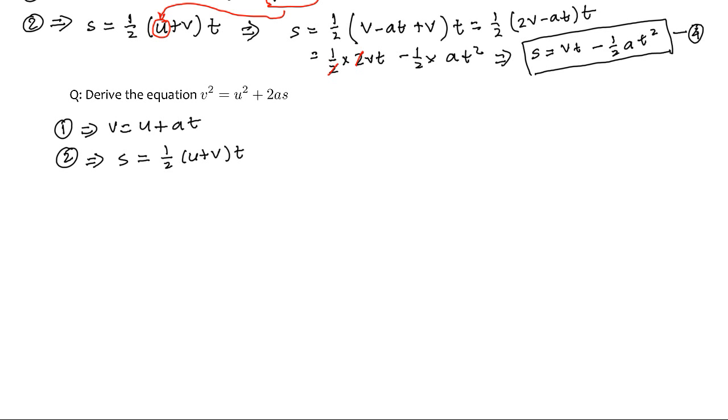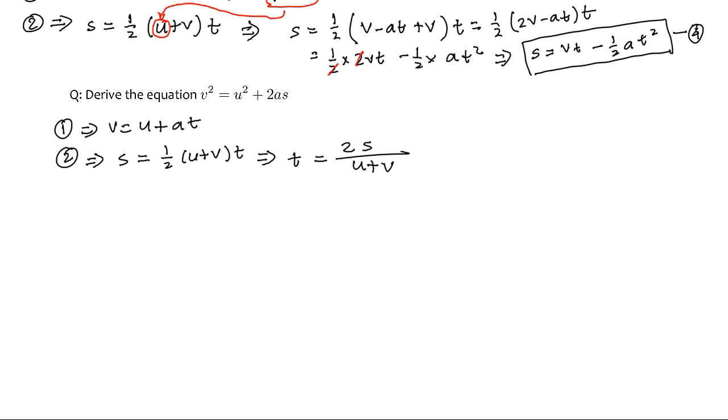What I now do is make t the subject of this equation and substitute that t into the first equation. So let's do that. How do I make t the subject of this equation? I get t is equal to 2s divided by (u plus v). And this value of t I can now substitute back into the first one. So I will show what I'm doing like this.